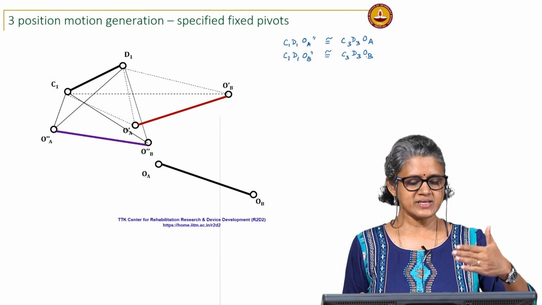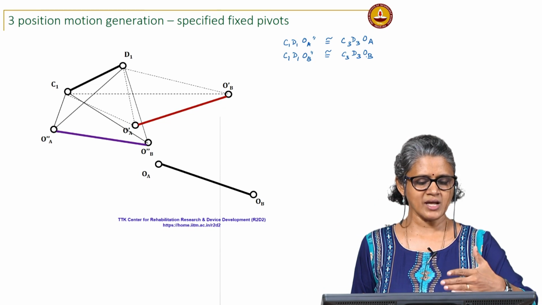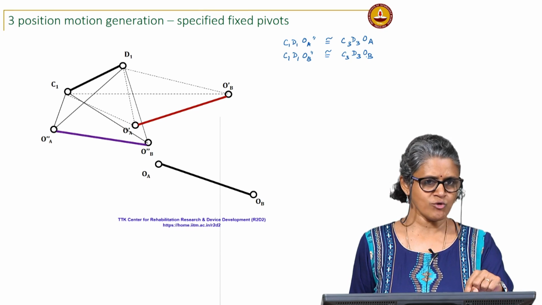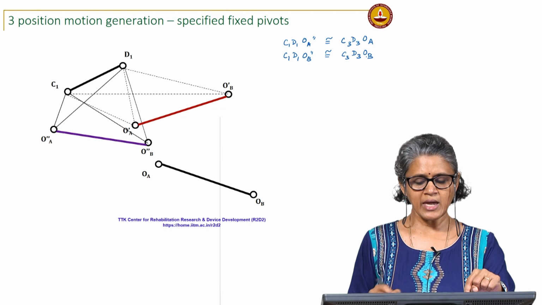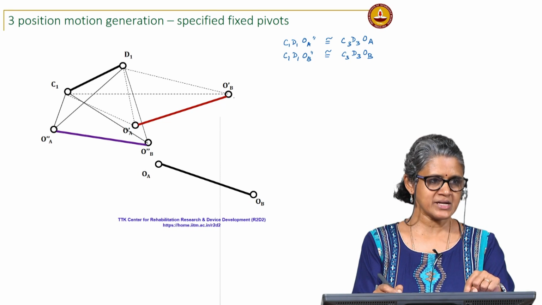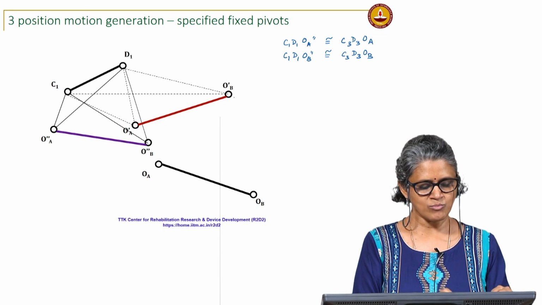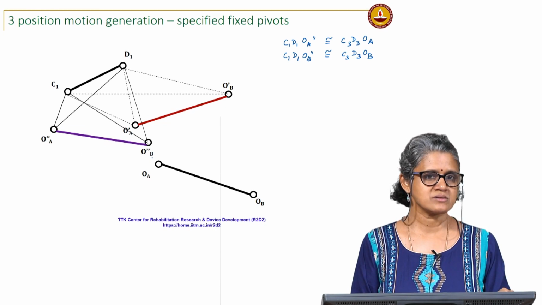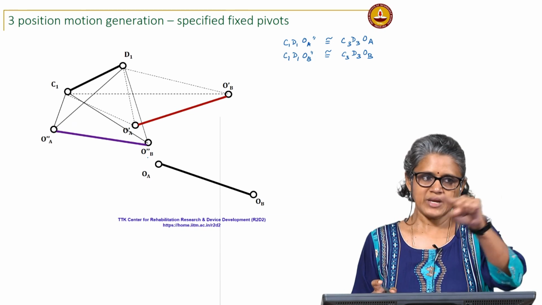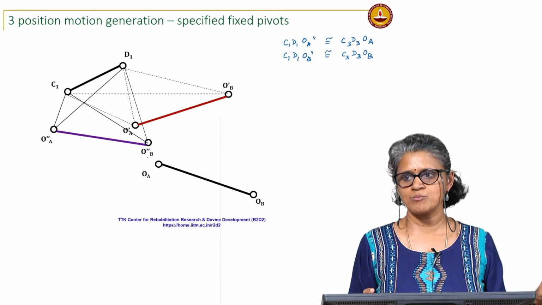So, what I have done is, by inversion I know that if I sat on C1 D1 and did not move, OA OB should move first to OA dash OB dash and then move to OA double dash OB double dash for me to have the same relative motion.